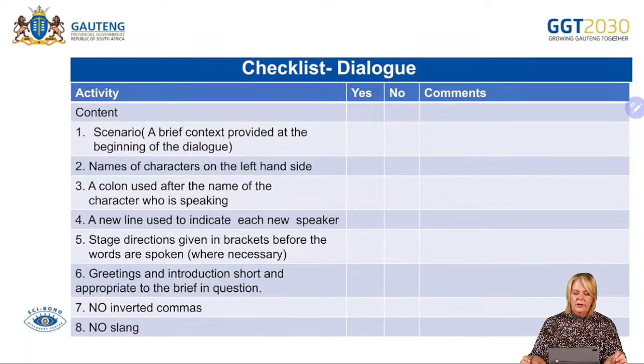Greetings and introduction is short and appropriate to the brief in the question. No inverted commas, those direct speech marks, please don't use them because they are replaced by the name of the character with a colon. And then absolutely no slang, no profanities.